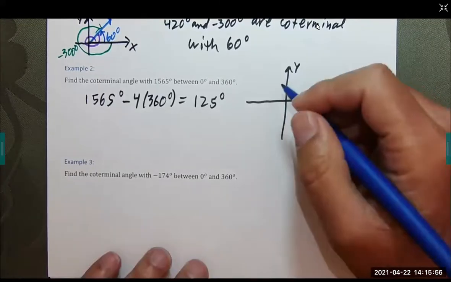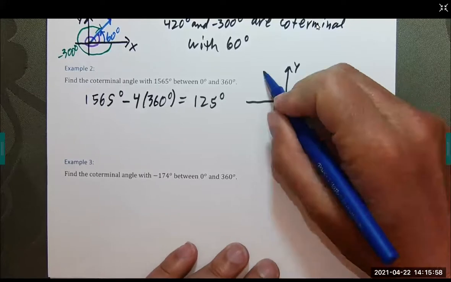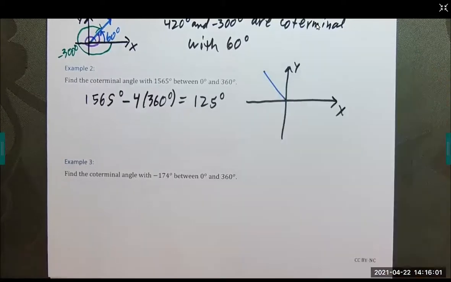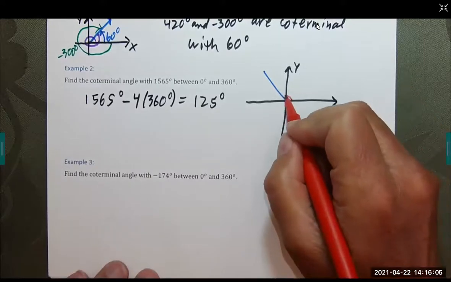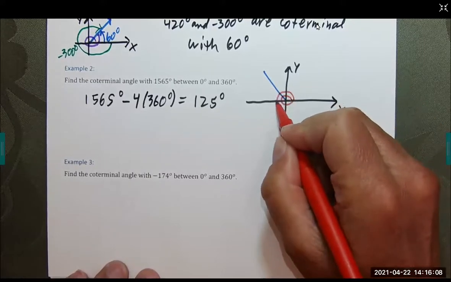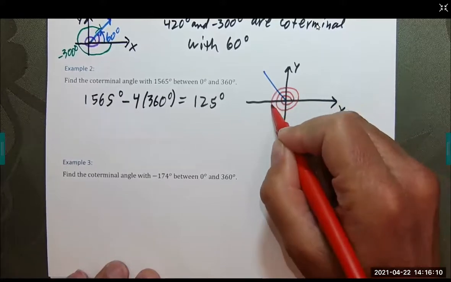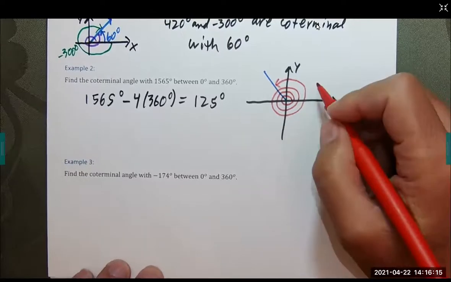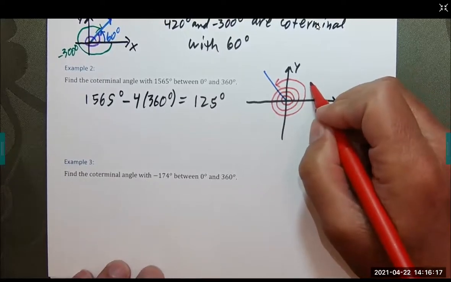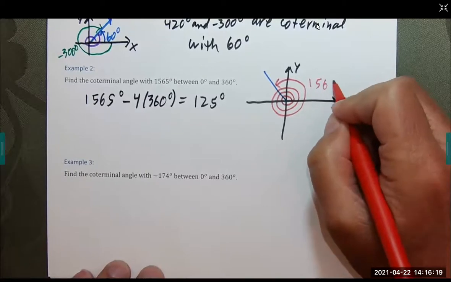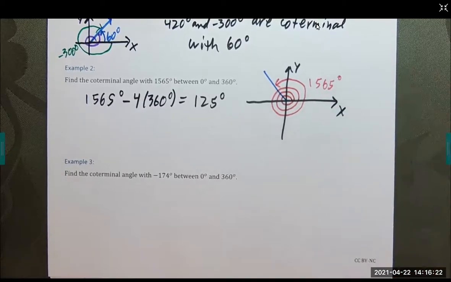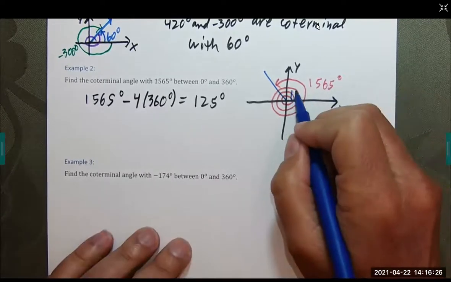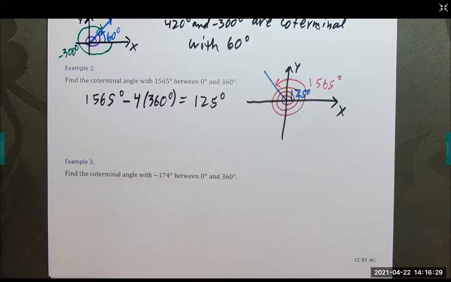So here's 125 degrees. But in reality, what we're doing is we're starting here and we're going once, twice, 3 times, and then stopping there. This is the 1,565 degrees. The blue is only 125 degrees, but they both get you to the same place.